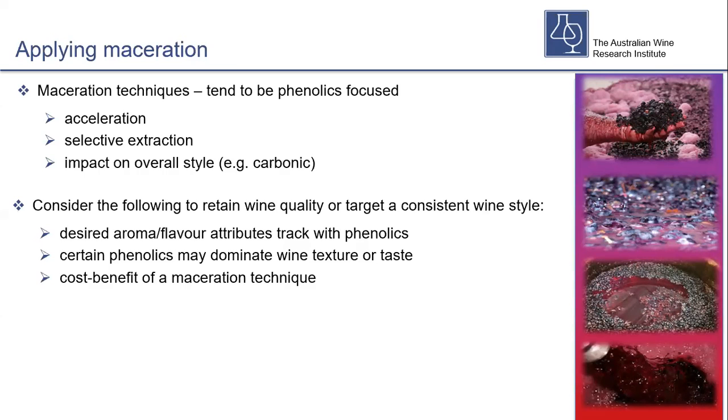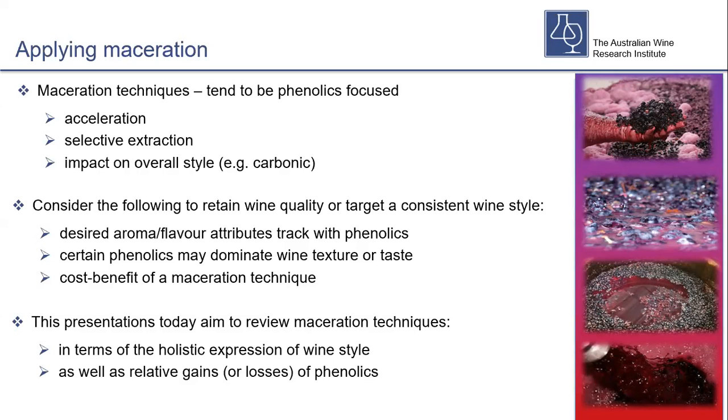And then also start to ask the question, are there certain phenolics or flavor attributes which may dominate wine texture or taste, which are perhaps undesirable or could be overshot? And then we'll ask the question, is there a cost benefit of using a maceration technique? For example, tank time or actually volume loss.